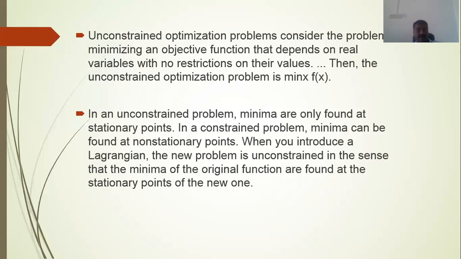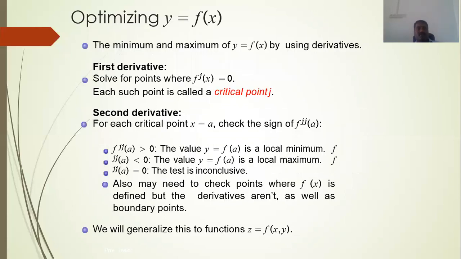When you introduce a Lagrangian, the new problem is unconstrained, in the sense that the minima of the original function are found at the stationary points of the new one, called the Lagrangian. So we'll see both the things, unconstrained and constrained. In unconstrained, we use a Hessian matrix and all those things, and in constrained we go by Lagrangian optimization, right?